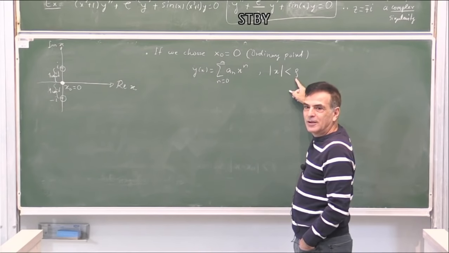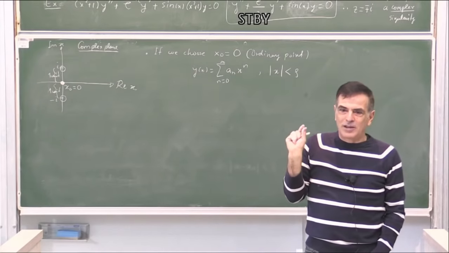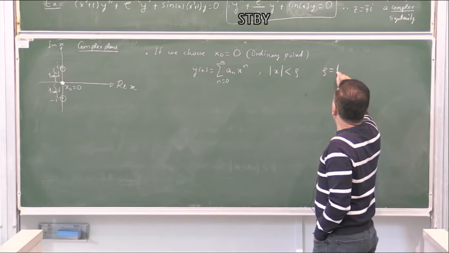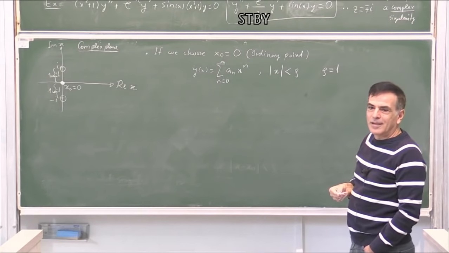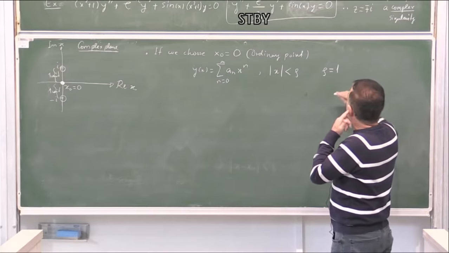In the complex plane, here is 1 unit. The nearest singular point has distance 1 unit to x0. So rho is 1.